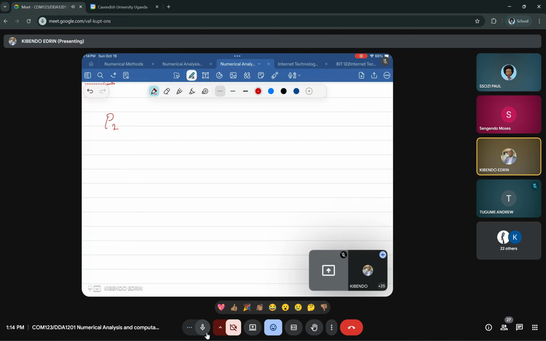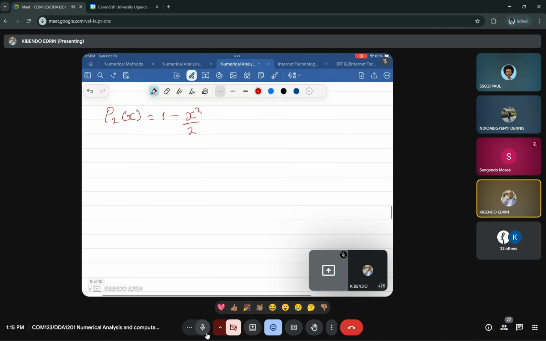So I have P. So we have the error if that is the second polynomial of function x, used to estimate the value of cos x at x is equal to 0.6. So Dennis, we continue. You tell me what to do.